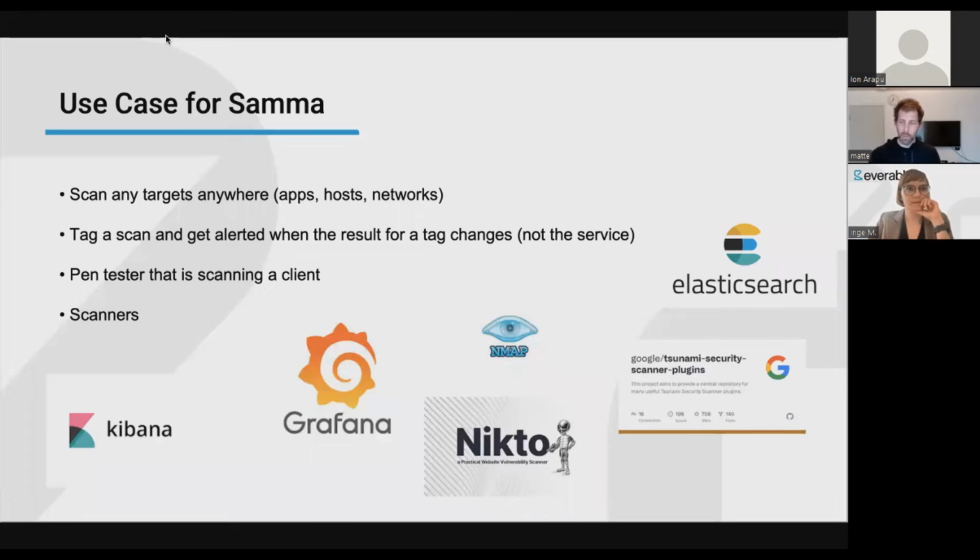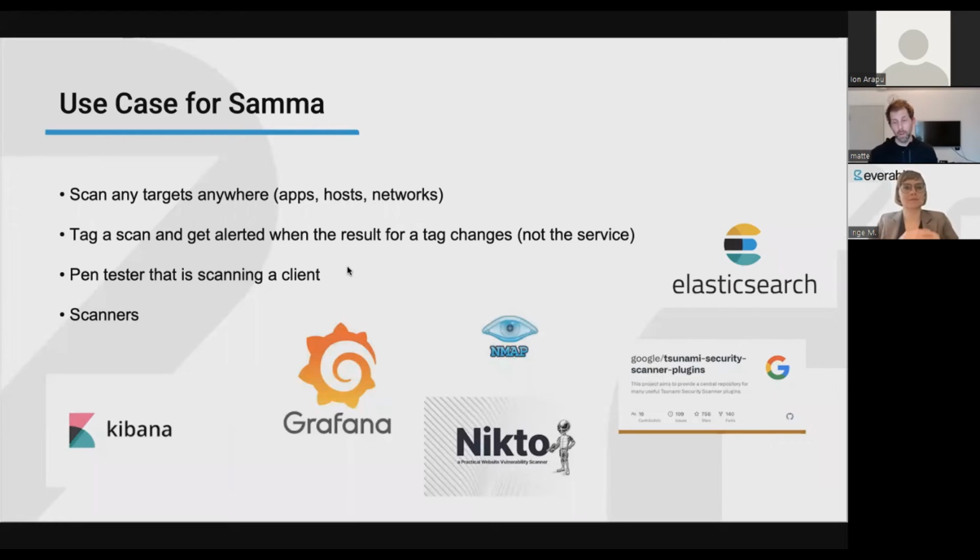So with Samma you can tag your application really well. It's just JSON, so you can tag them up, meaning that with Elasticsearch and Grafana, you just combine them together. So you can scan a lot of applications and then divide them by the number, and then see how many open ports they have combined, meaning that if one of them diverges, you get alerted.